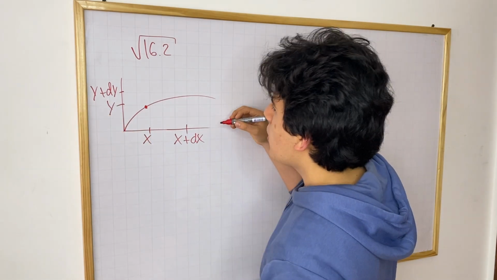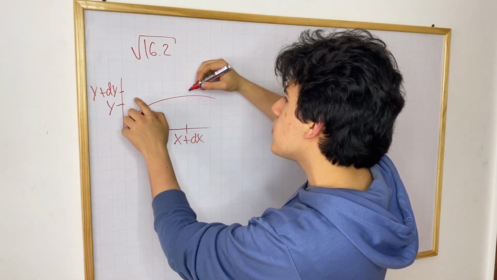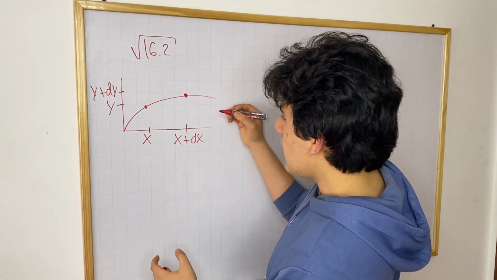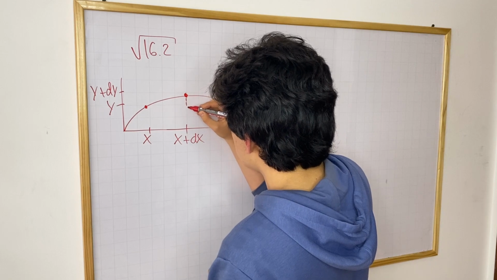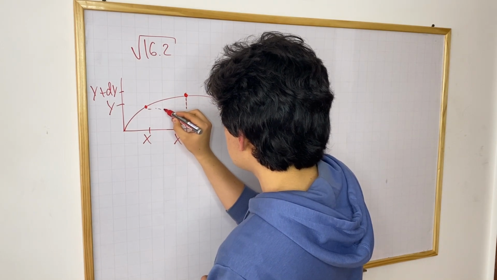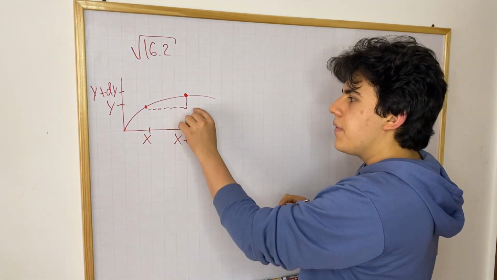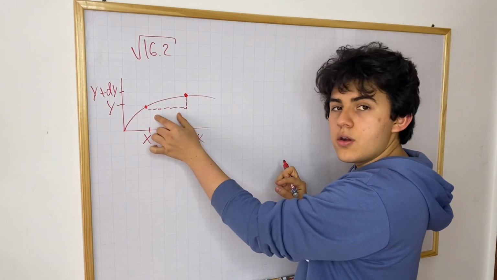Let me first put a point over here. dx is, of course, this distance over here, and dy is going to be the rise. It would be something like that. This little chunk over here is going to be dy, and this portion over here is going to be dx.